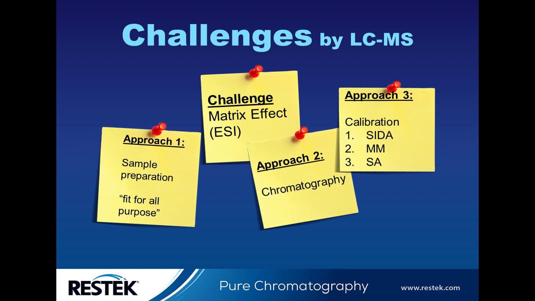Standard addition can be laborious and cost a lot of time. So in today's presentation, I will mainly focus on SIDA and the matrix-matched calibration. But overall, I think there is always a trade-off among all the different methods. So it really needs you to think about what you need in order to tailor your method in practice.